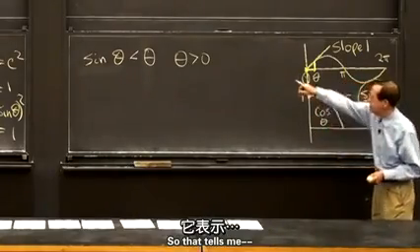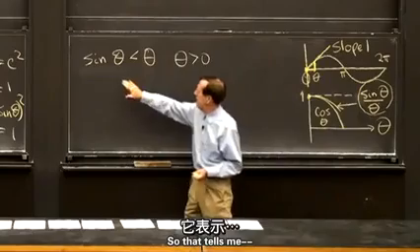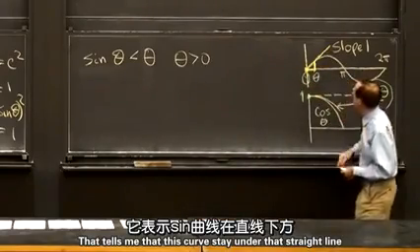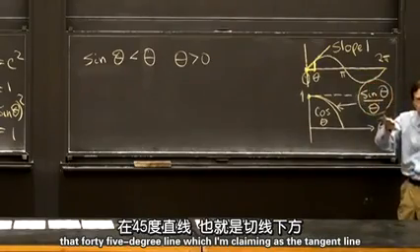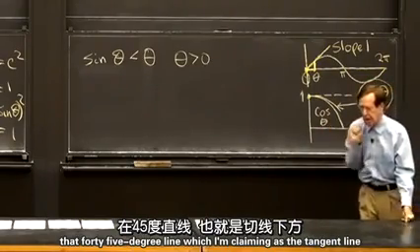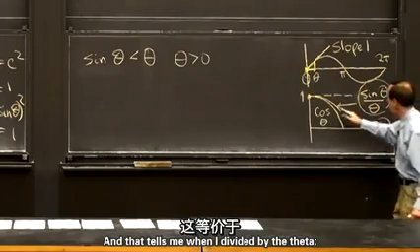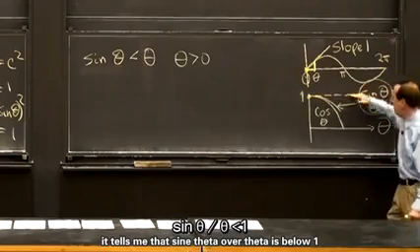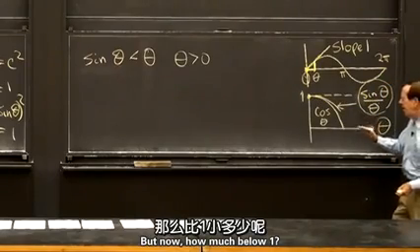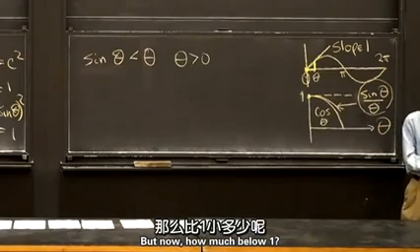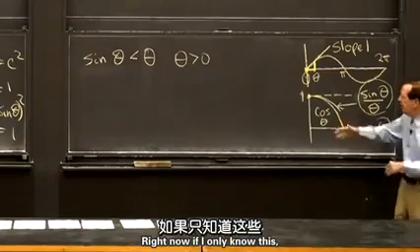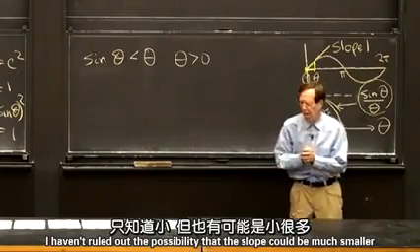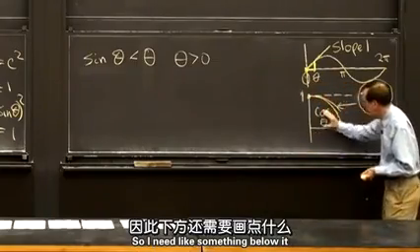So that tells me that this curve stays under that straight line, that 45-degree line, which I'm claiming is the tangent line. And when I divide by theta, it tells me that sine theta over theta is below 1. But now, how much below 1? Right now, if I only know this, I haven't ruled out the possibility that the slope could be much smaller. So I need something below it.